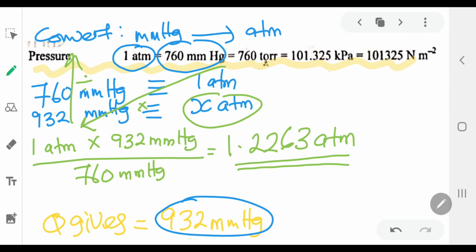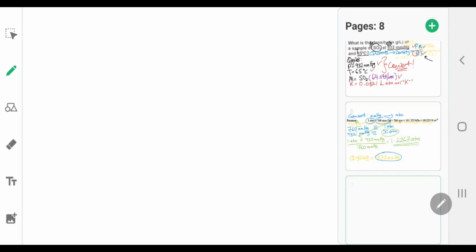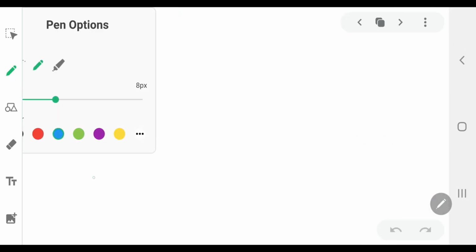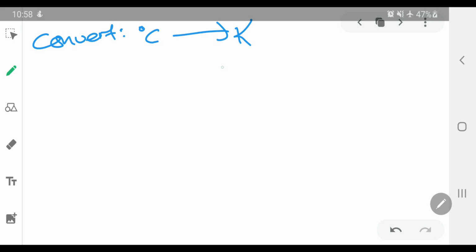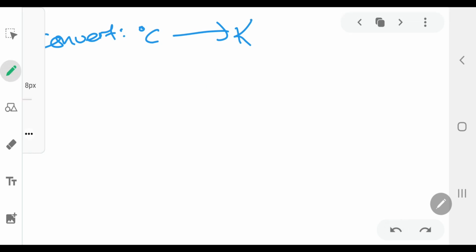Okay, so we're going to use that value later on in the determination of the density of ideal gas, which is SO2 in this case. And then next, what we need to do is convert the temperature as well. Now you're going to convert degrees Celsius into Kelvin, which is very easy. So the question gives 65 degrees Celsius.